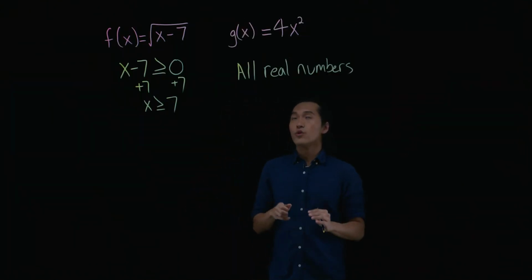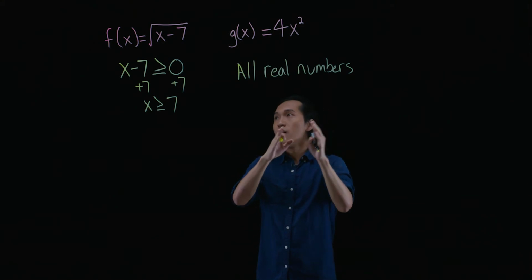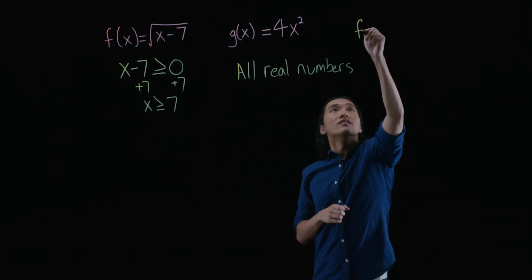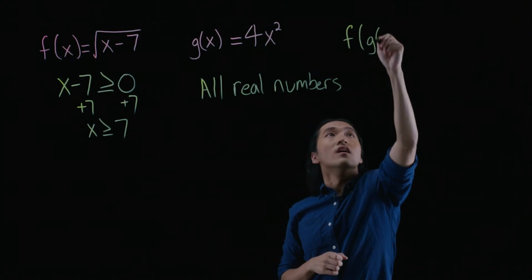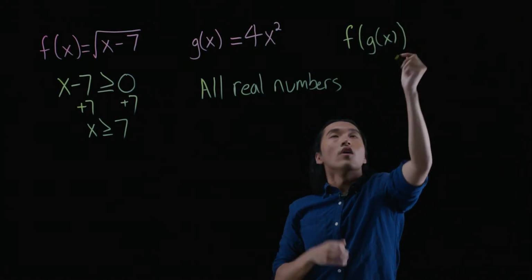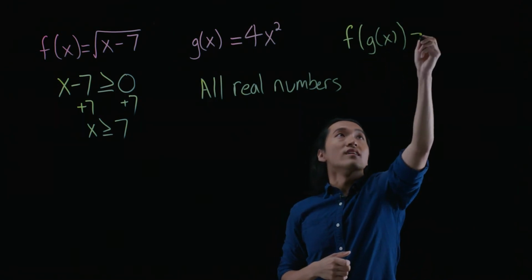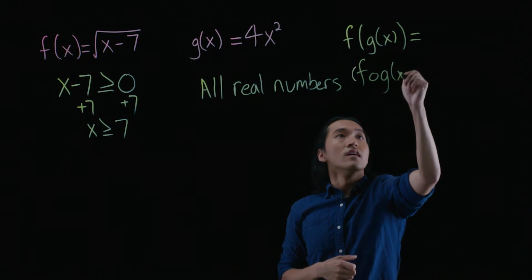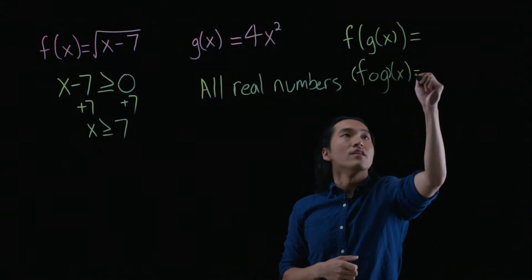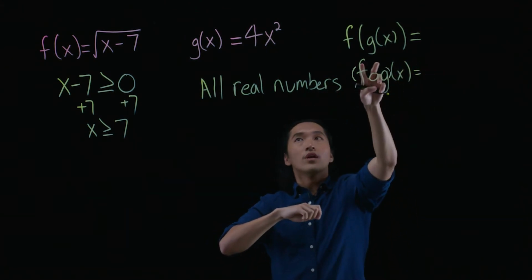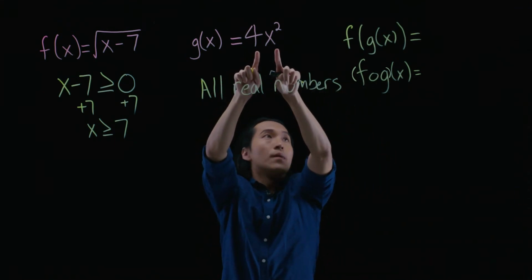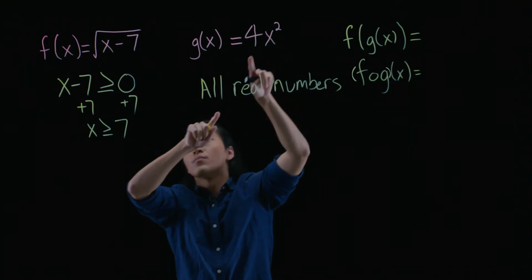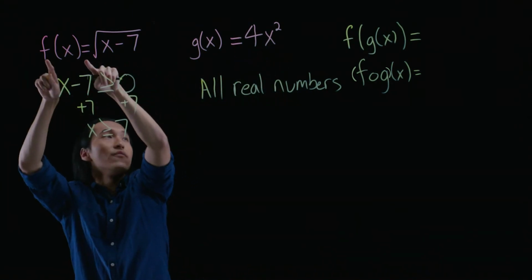Next, what they want us to do is to find the domain for f of g of x. So what is f of g of x? Sometimes you'll see it written a different way, but it's the same thing, just a different format for the same meaning. What we're doing is taking g of x and plugging it in for x inside of the f of x function.